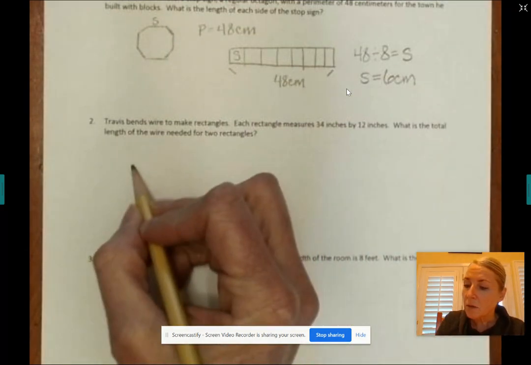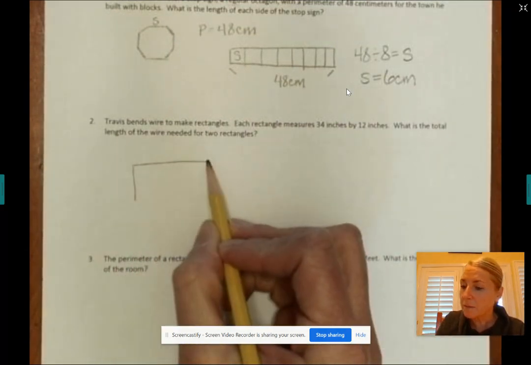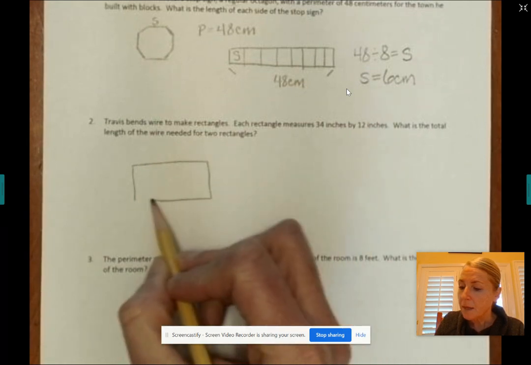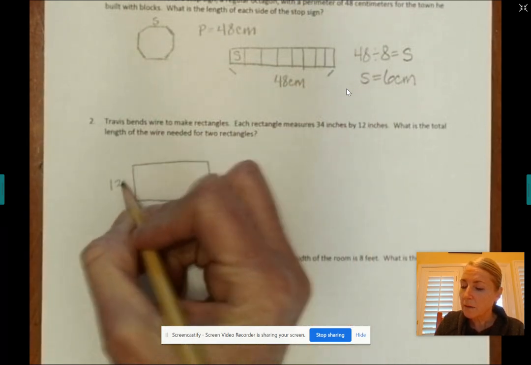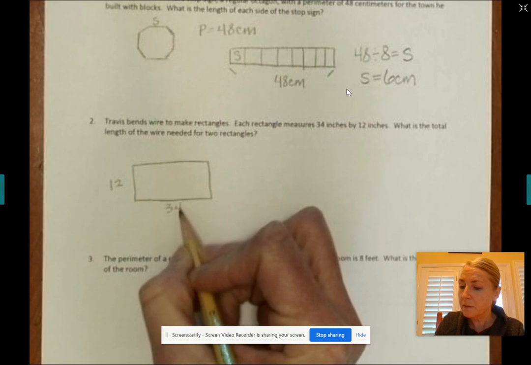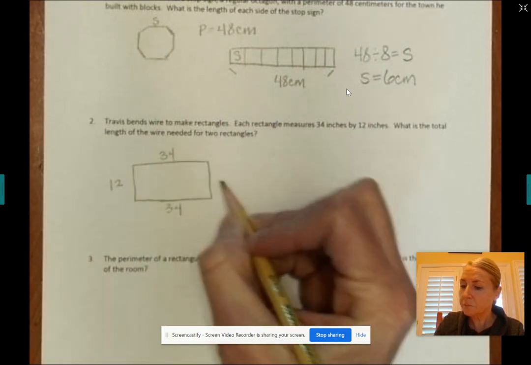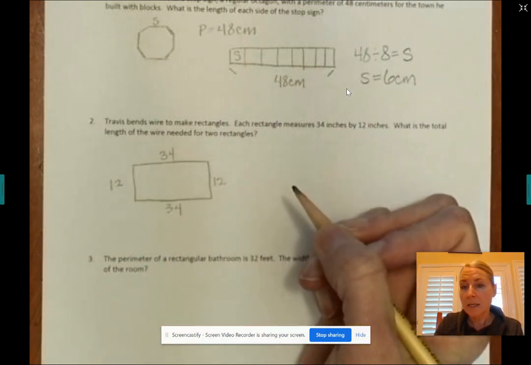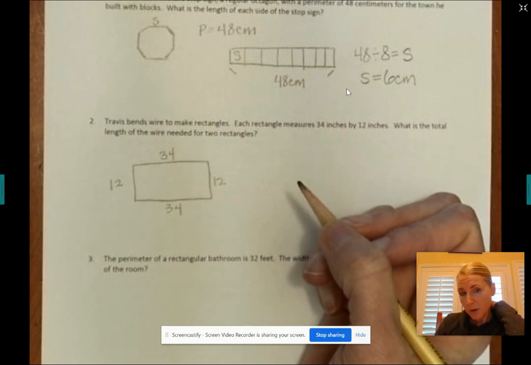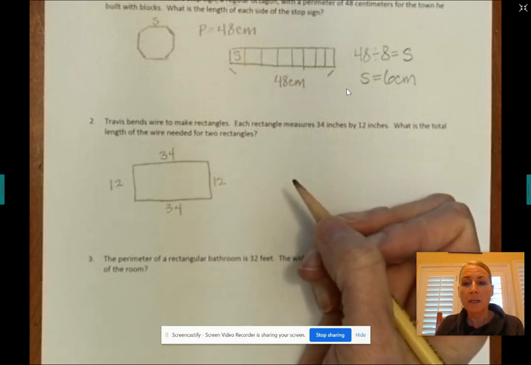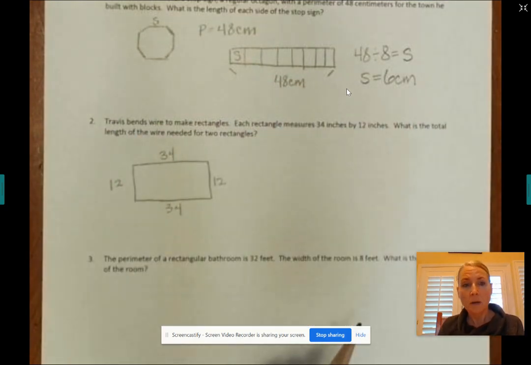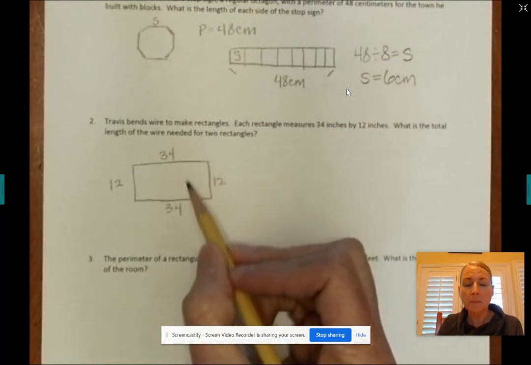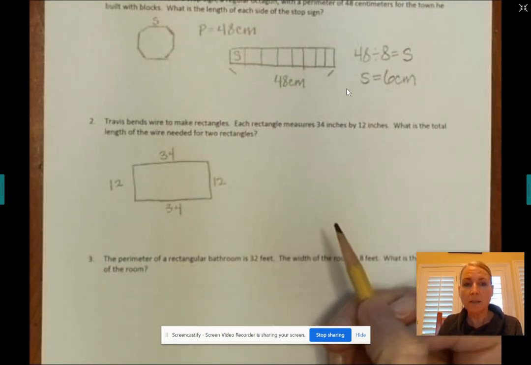So here's my first rectangle. If this is a 12 by 34, it would look like this. And he's making 2 of these. I'm only going to draw 1 because we can just double it once we get to that point.